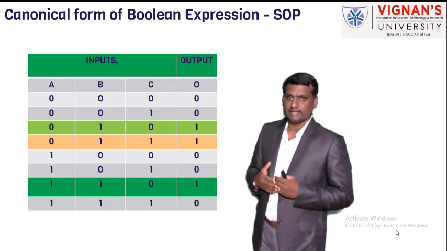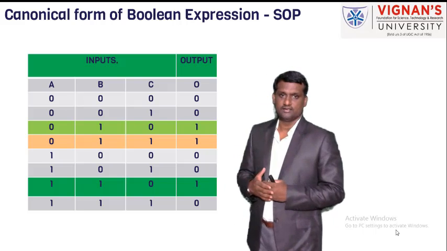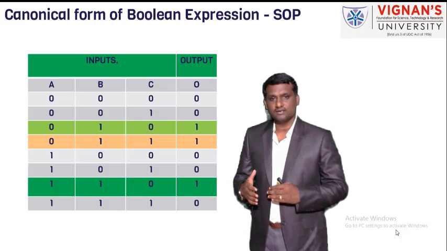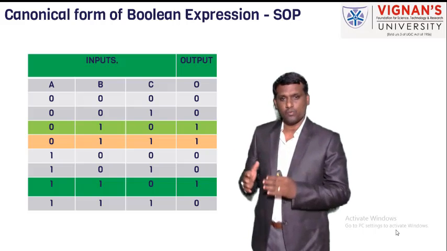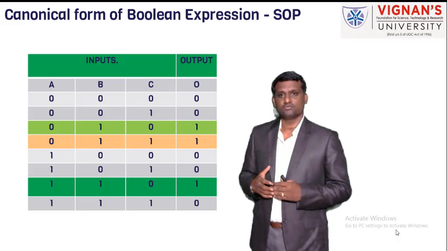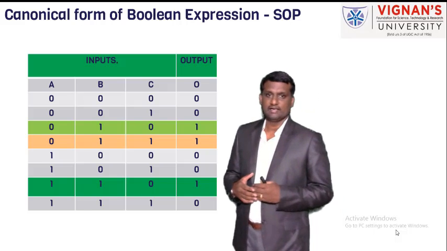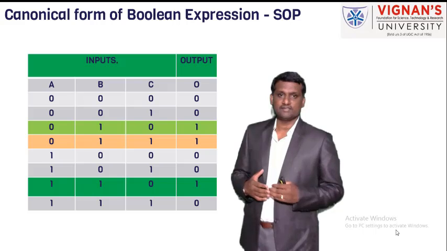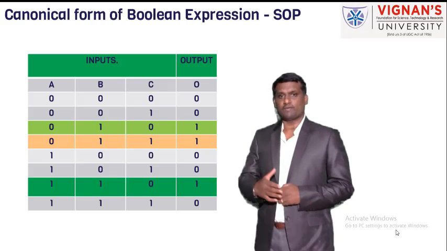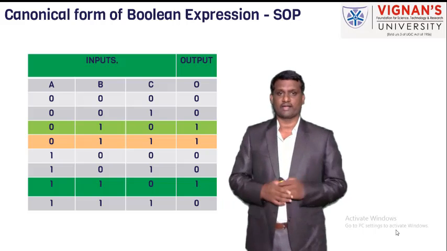So in order to represent sum of product terms from the truth table, we should consider only the terms which have high outputs for the formation of sum of product terms. Here we have three terms with high outputs: 010, 011, 110. For those combinations, outputs are 1.